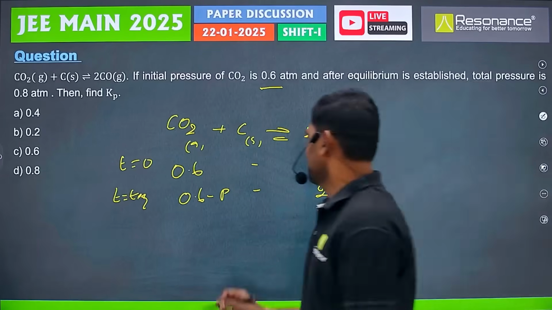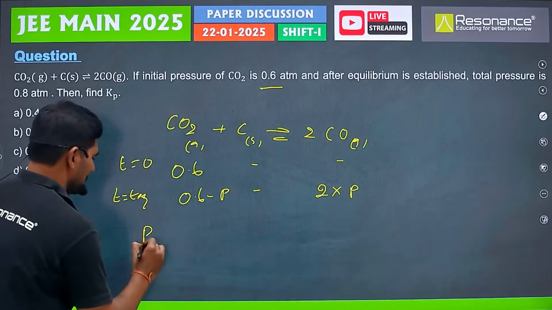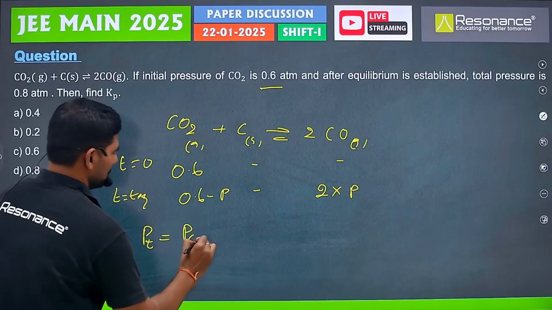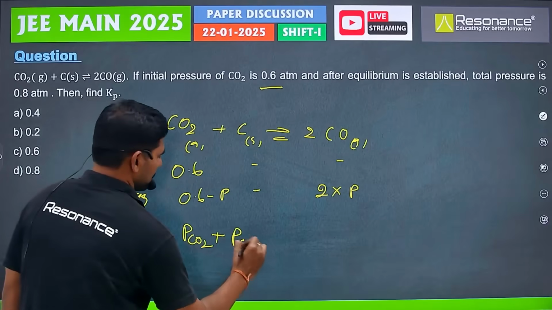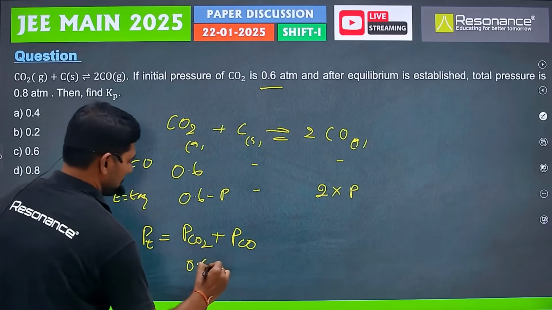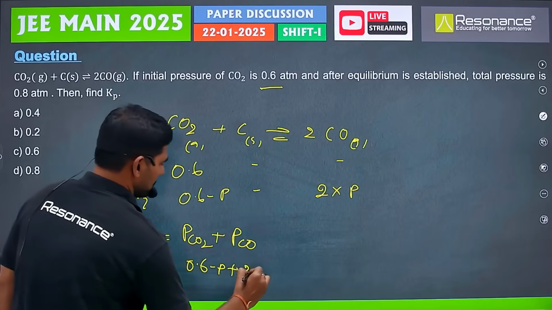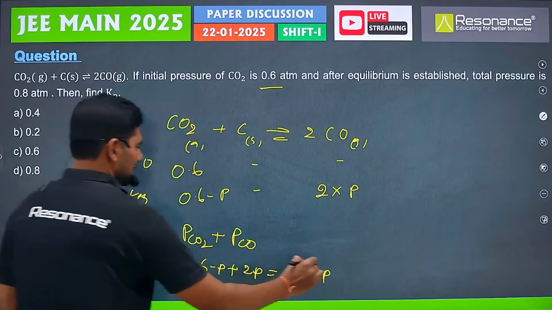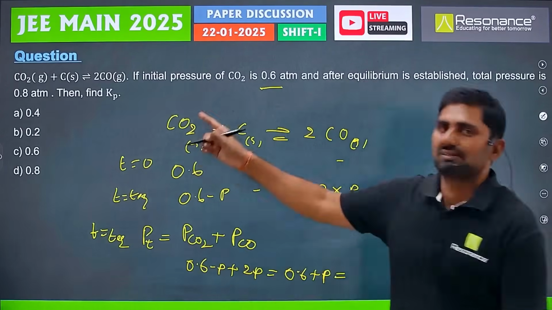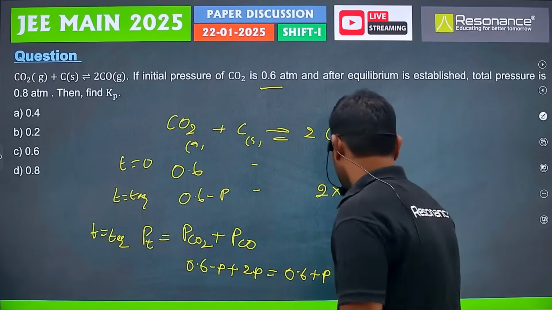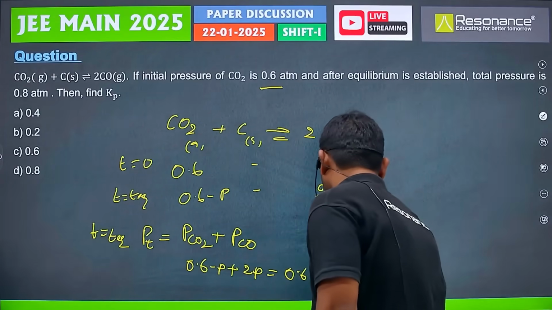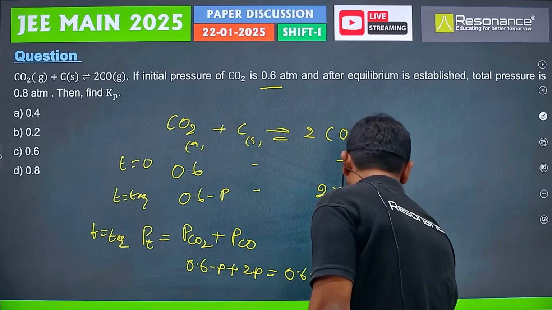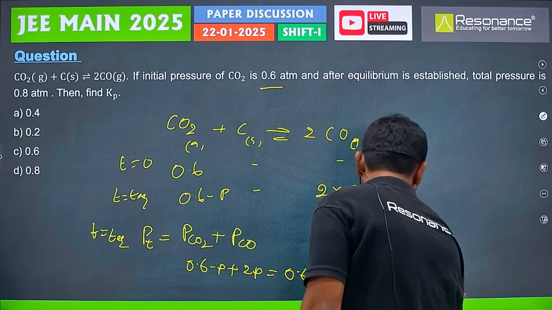P total at equilibrium equals P of CO2 plus P of CO, that is 0.6 minus P plus 2P, which is 0.6 plus P. The total pressure is 0.8 atm, so P equals 0.8 minus 0.6, which is 0.2.